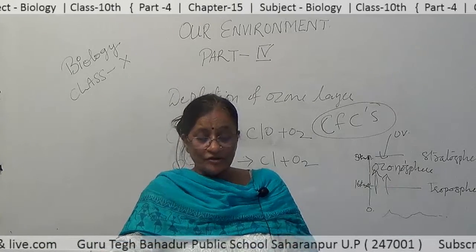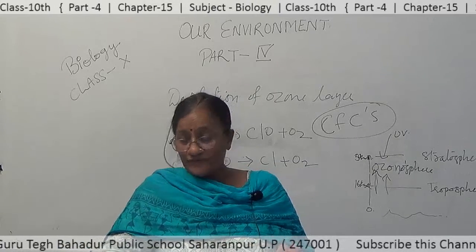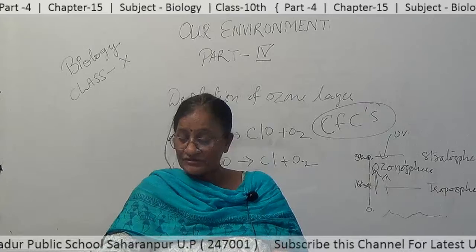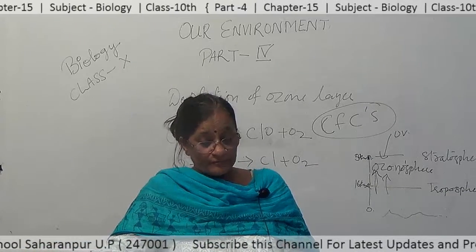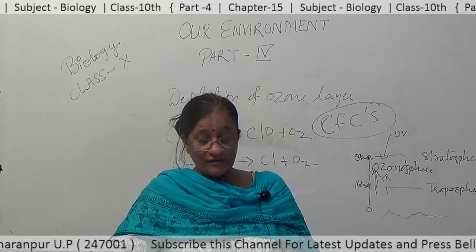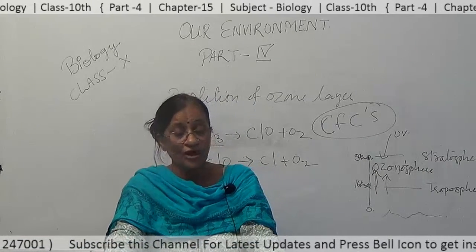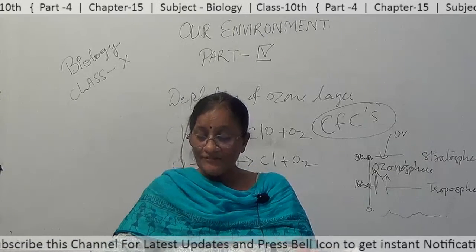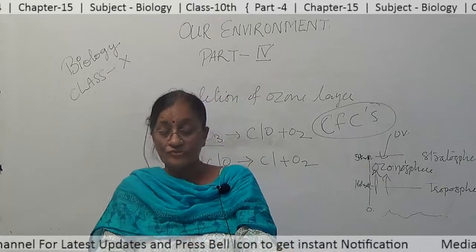Measures to protect the ozone layer. One way is to reduce the use of chlorofluorocarbons in air conditioners, refrigerators, aerosols, etc. Besides that, there is an international restriction on the manufacture and use of chlorofluorocarbons.